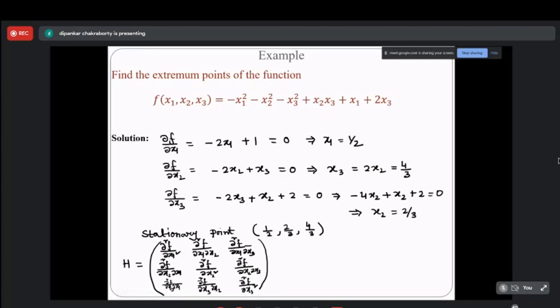This pen tab is not allowing me to write here actually. Is it visible to you? Is it okay? Okay.